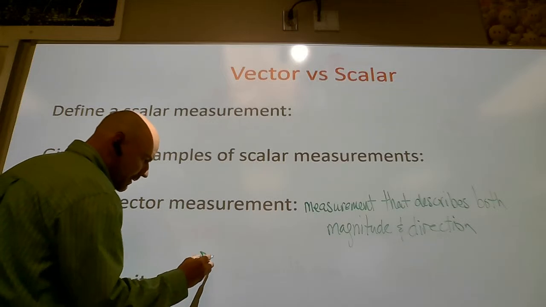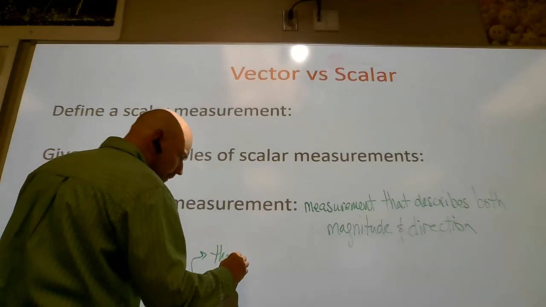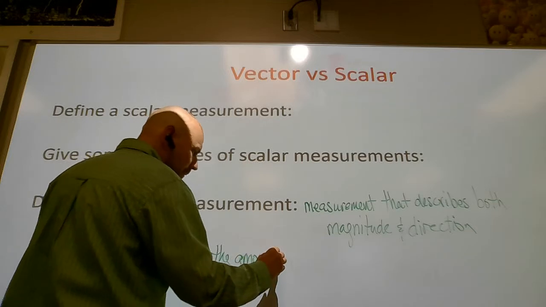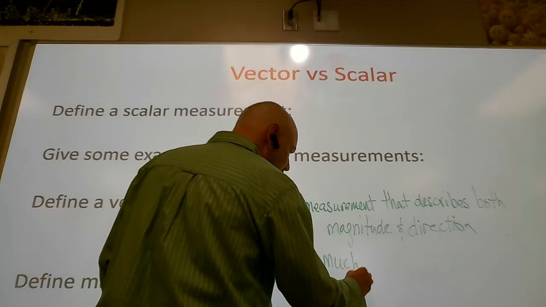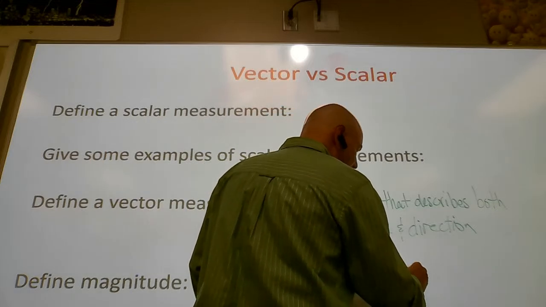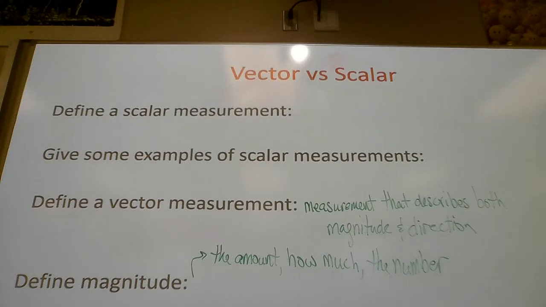Magnitude is the amount, how much, the number of a measurement. Okay. So a vector measurement describes how much and in which direction.